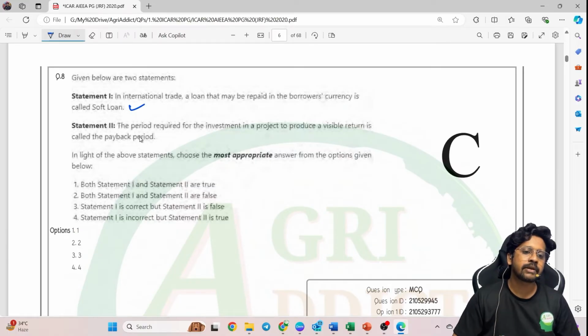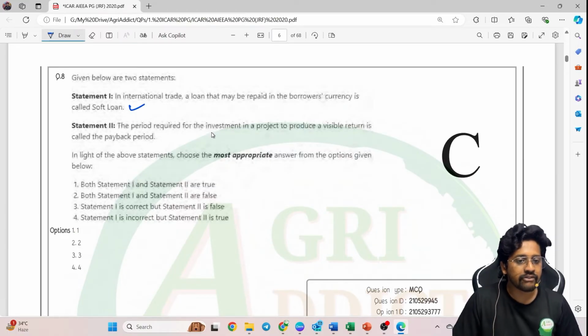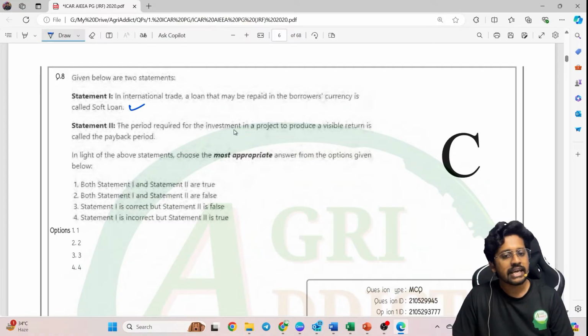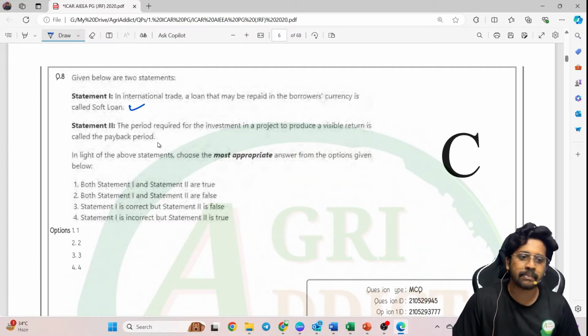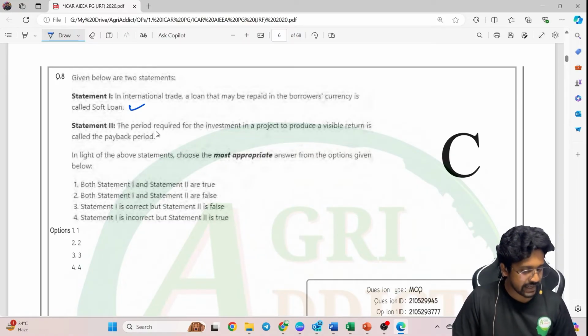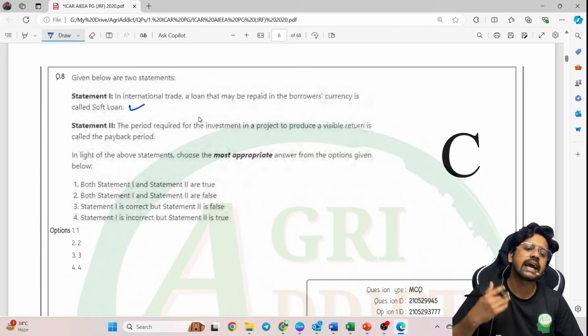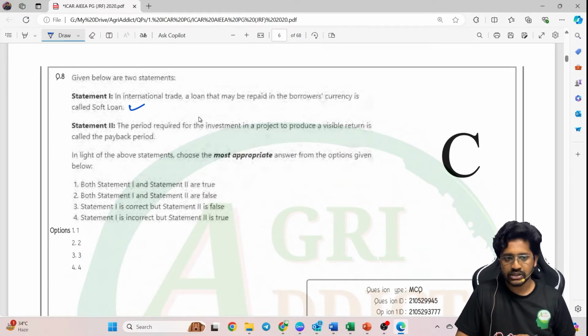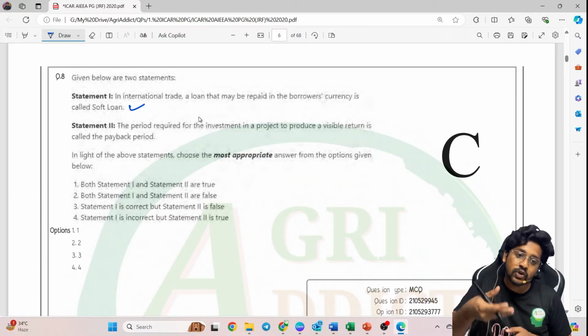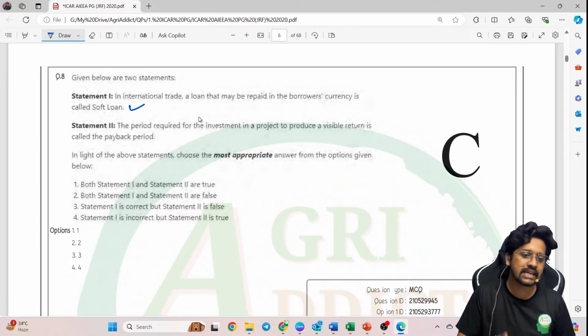And what about statement 2? The period required for the investment in a project to produce a visible return is called a payback period. Actually the definition of the payback period is the length of time taken to get back the investment of the project. Whichever investment I have made in the project, the time period taken to get it back is known as the payback period.